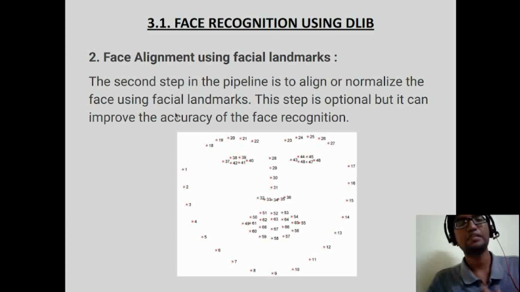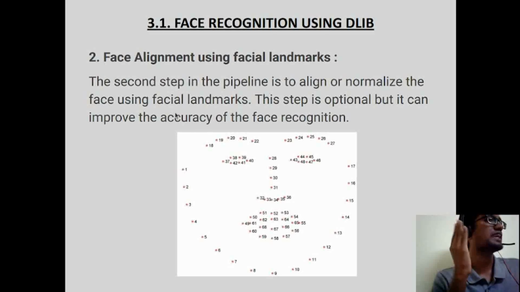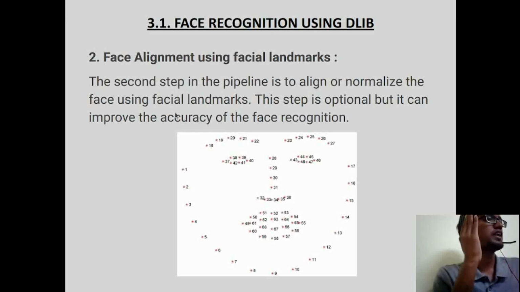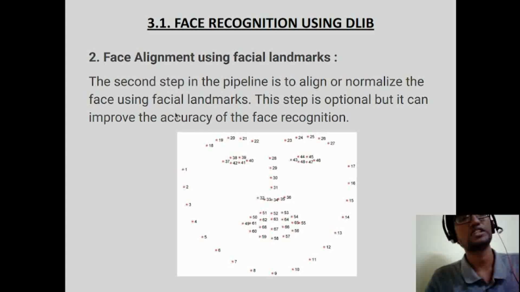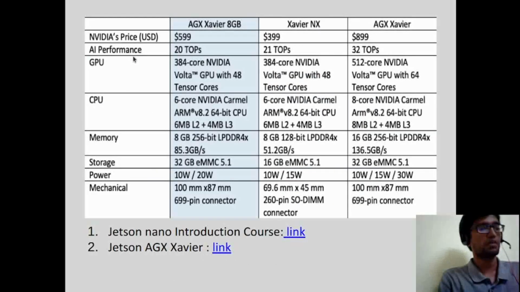That is important, because cutting the faces this way gives more accuracy. Even in your side view, it still says this is VK, because the landmark portion is taken and gives a good result. That's why we are using face alignment. This is the important part of our project.